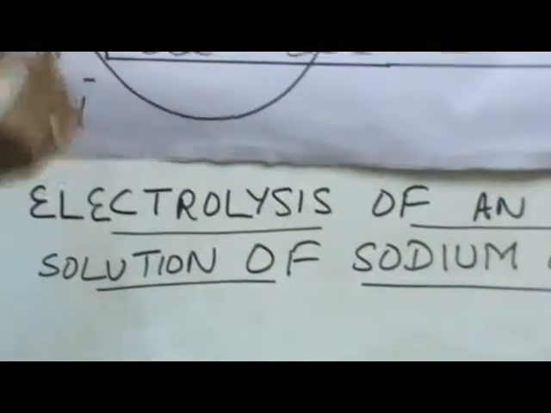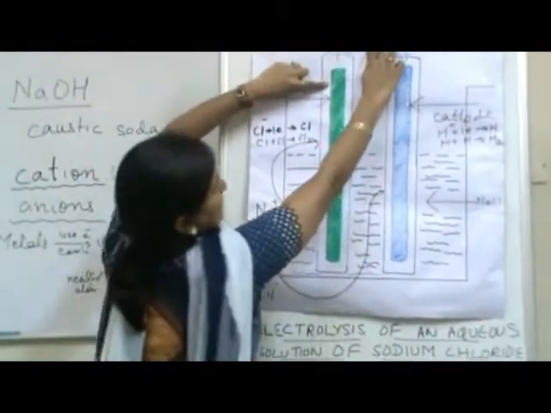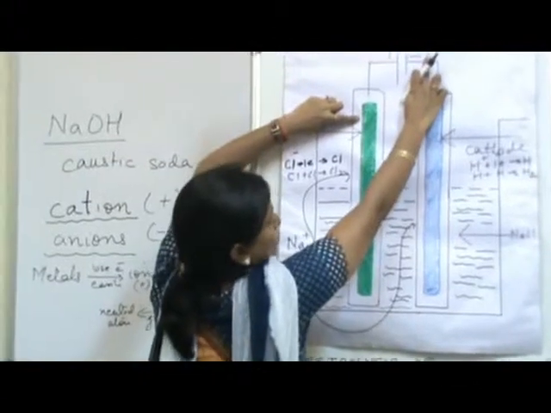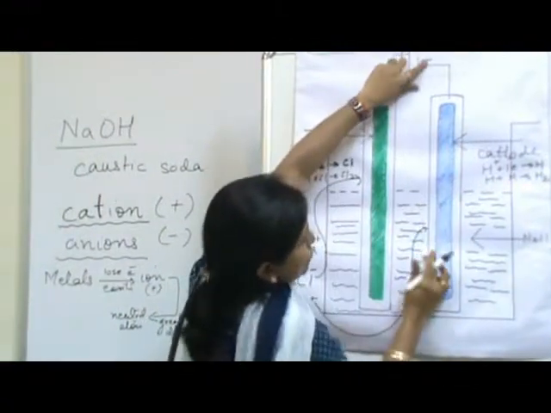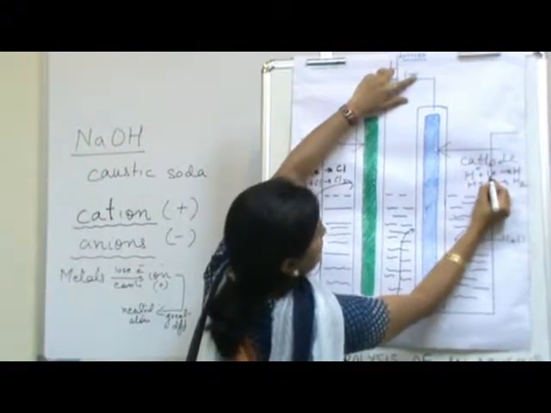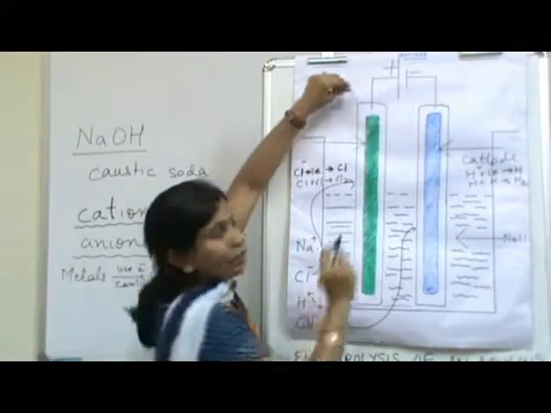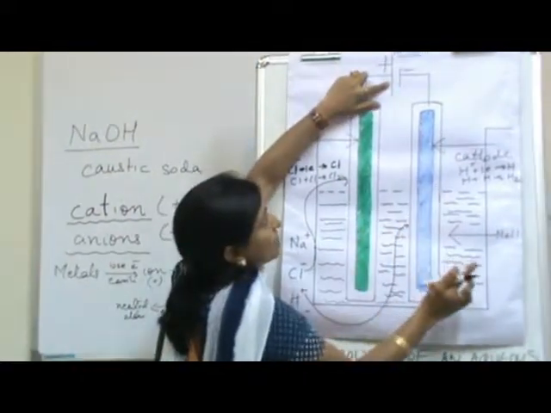Now what we have studied from this electrolysis, we have studied that two electrodes, negative electrode called cathode, to this negative electrode hydrogen goes, there is a gain of electron at cathode and this gain of electron is called reduction. So at cathode we have reduction.